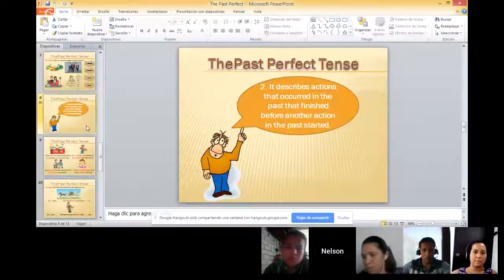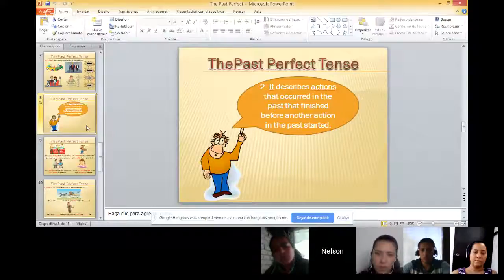Now let's take a look at the second option for the past perfect tense. As you can see in this definition, I am not talking about new or old experiences, but it reads like this.